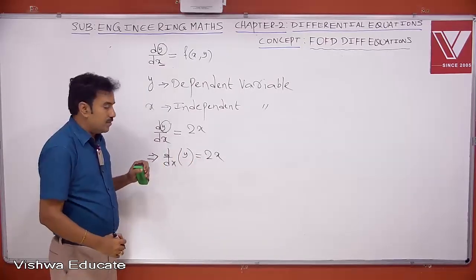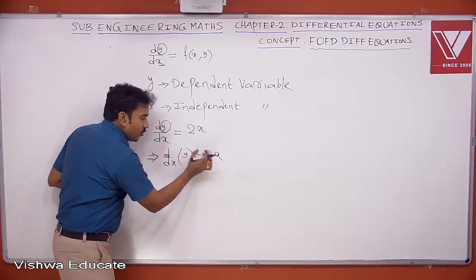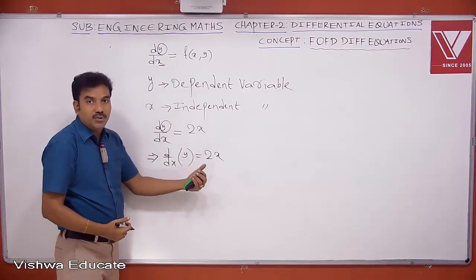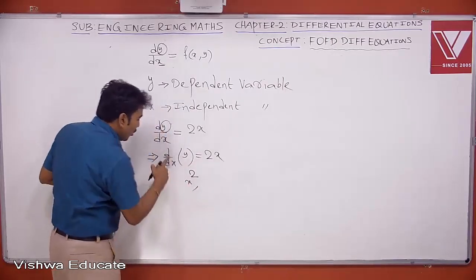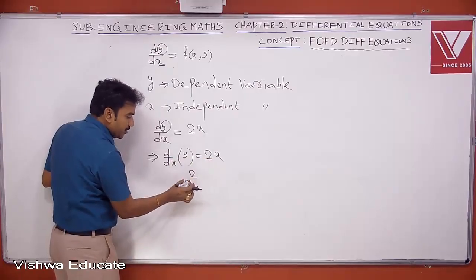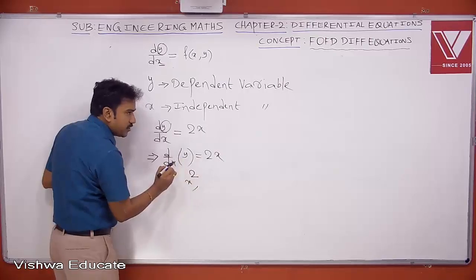Now in this case, can you tell me one possible value of y such that whose derivative is 2x? Simple. The derivative of x square is 2x. Therefore, one possible value of y is x square. Because d by dx of x square is 2x, one possible solution of this equation is x square. But is it the only solution of this equation?